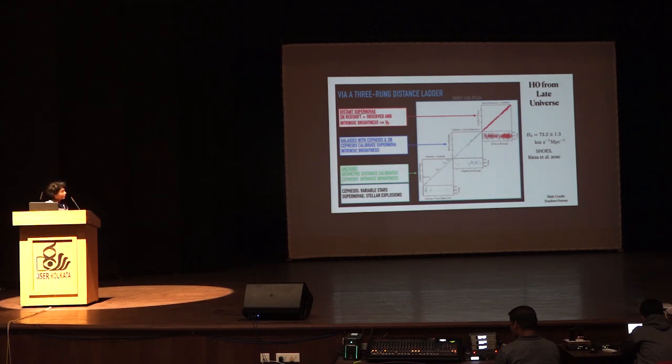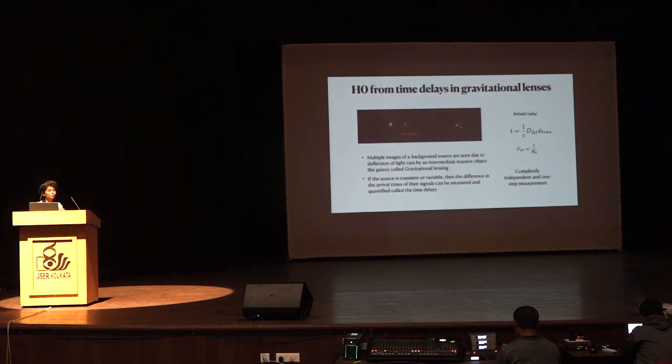The value is 73.2, and so there are a bunch of different late universe probes, but I want to talk about just one more late universe probe, which is a completely independent way and a single step measurement of the Hubble constant, and this is based on gravitational lensing.